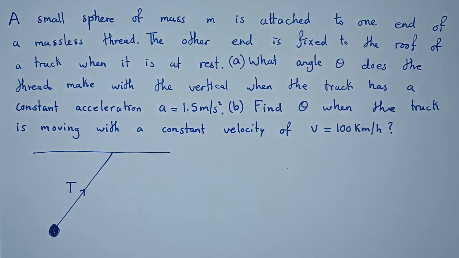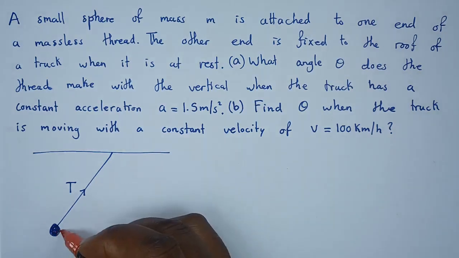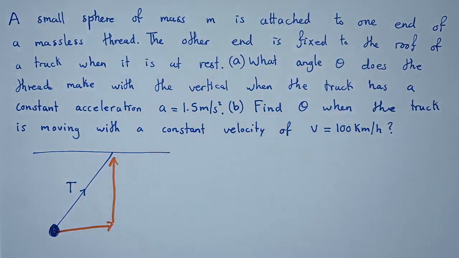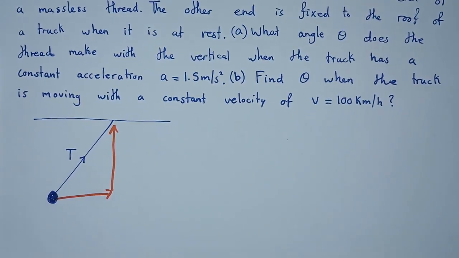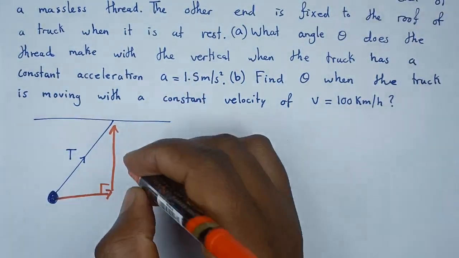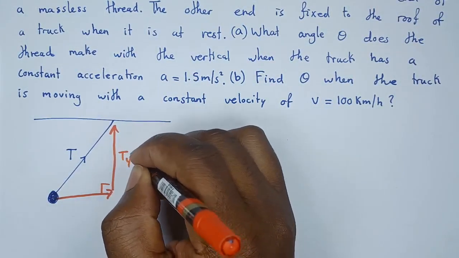If that's the case, we need to find the two components of this tension: the component in the x-axis and the component in the y-axis, like this. The force acting on this object in the y is Ty.